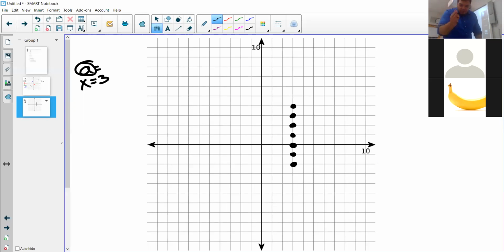But you should notice a pattern. At x equals 3, it's every point where x equals 3. So we're going to have a vertical line like this. So this black line right here is x equals 3. Every place where x equals 3 is represented by a vertical line.